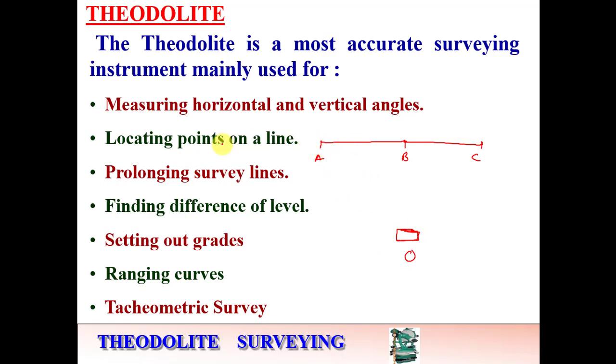With the help of theodolite, you will be able to find this B point which is occurring on the line AC. You can use triangulation or traversing to locate this B point.